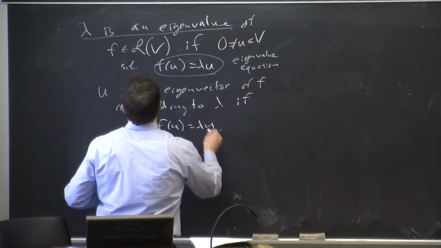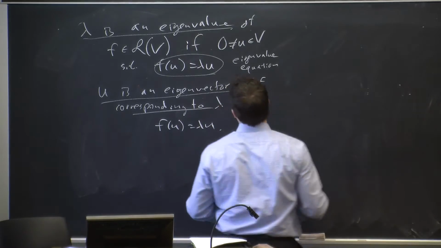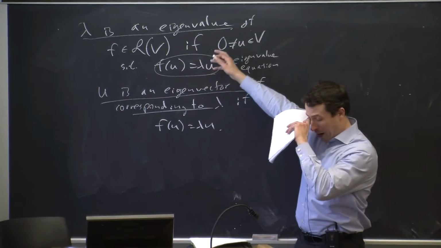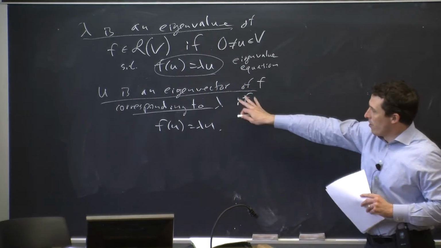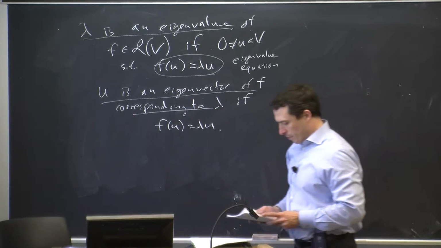Right? That's defining an eigenvector of f corresponding to lambda. So the only difference between these two really is that here the focus is on the eigenvalue, and we don't care what u is. We just care that there exists a u. There exists an eigenvector. Here the focus is on the eigenvector and the one that corresponds to lambda.